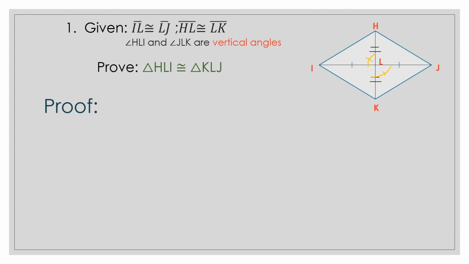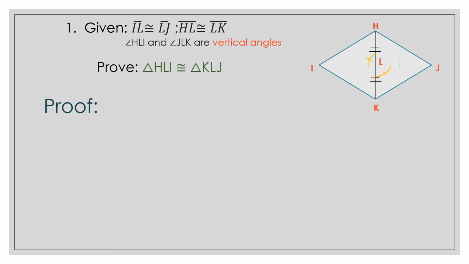Now we are to prove that triangle HLI is congruent to triangle KLJ. So where's that? Prove that triangle. Let's change its color. Let's make it red.